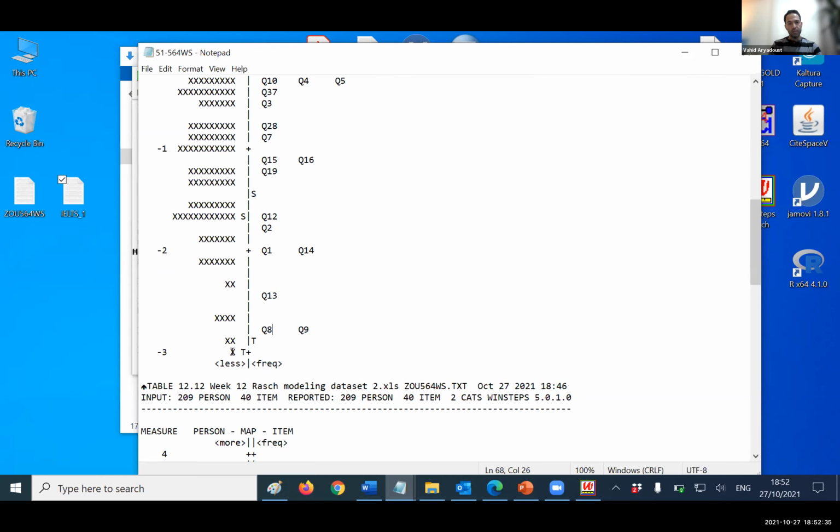Now, these X's represent persons. Sometimes one X represents one person, but if it represents more than one person, for example, 2 or 3, you will see a comment here at the bottom saying that every X means 3 persons or 4 persons, but we don't have that currently. So take it that every X is 1 person.